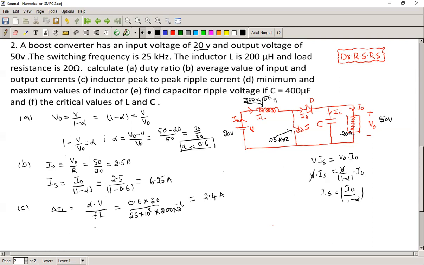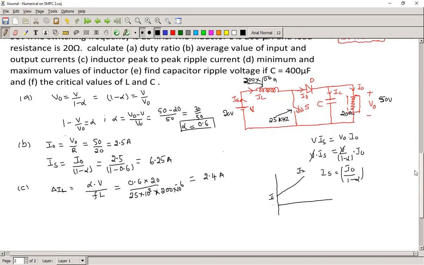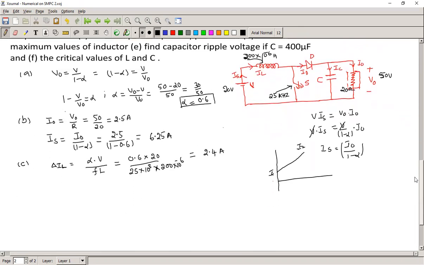This is the ripple in inductor current. If you draw the inductor current waveform, when the switch is on, the inductor current changes from I1 to I2. It increases because the inductor is directly connected to the source, so energy is stored in the inductor.